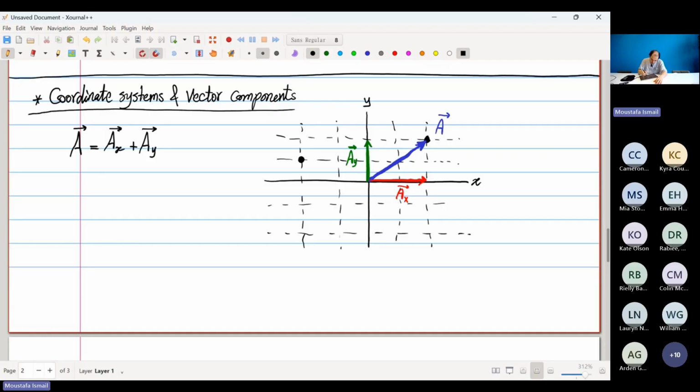Okay, so let's say this is the X component vector, and this is the Y component vector. Good.